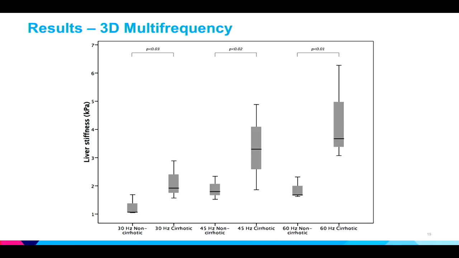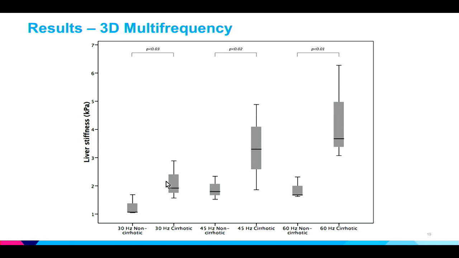So if we look at the results of the 3D multi-frequency, we see that there was a significant difference between all the frequencies in cirrhotic and non-cirrhotic subjects. And this is another area that's ripe for future research. I mean, if you were to imagine the plot of the cirrhotic subjects and the non-cirrhotic subjects, the slope is significantly different.